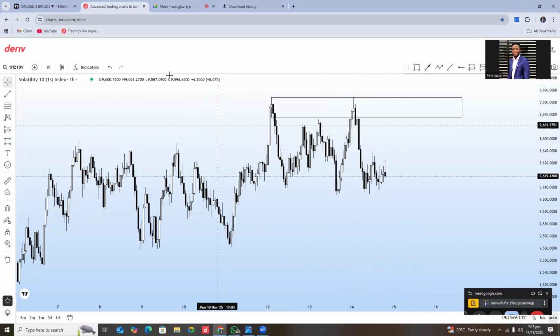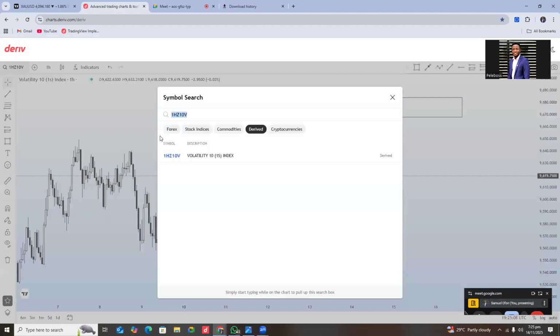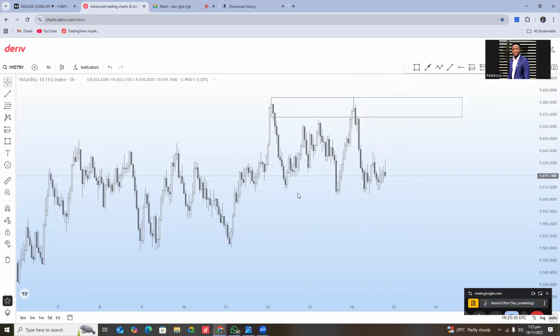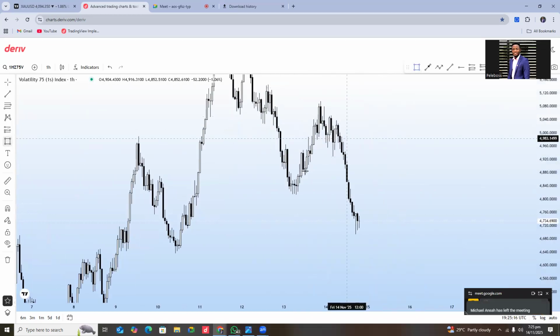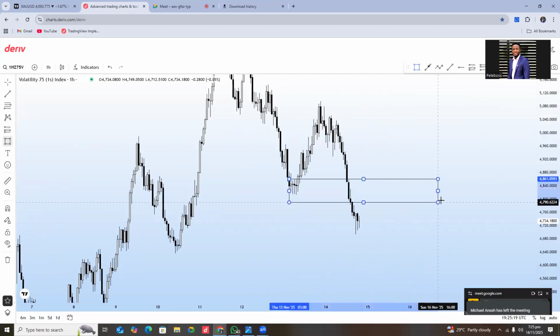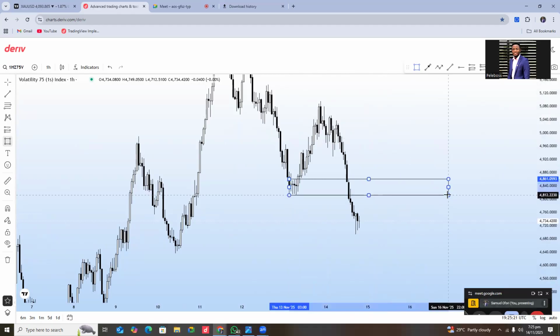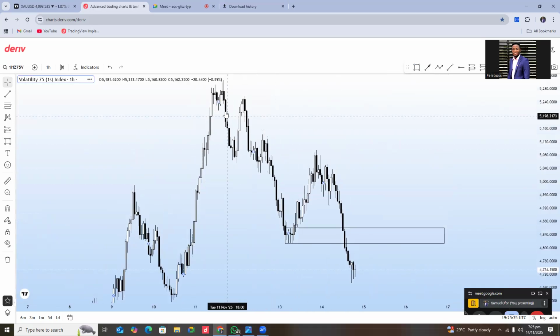So I think the same thing or similar thing happened on this market, Volatility 75 (1s). So we were anticipating a buy from here, and this is the 1 hour time frame.